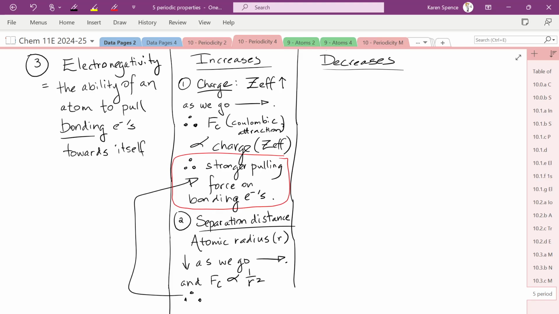Why does electronegativity decrease as we go down a group?